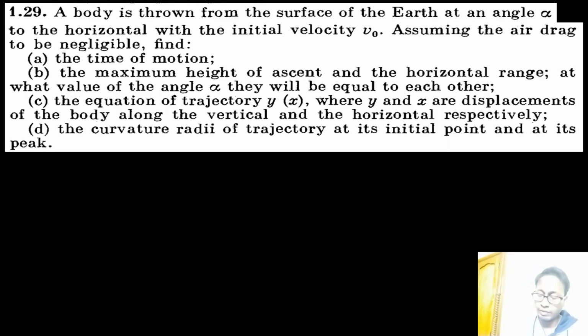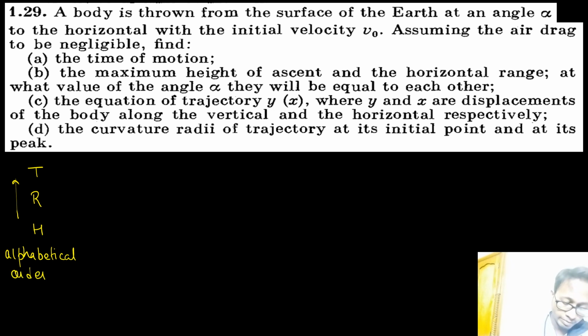Acha, you all remember the formulas for projectiles? The formula for time of flight, range and height. We'll derive all of those in this question. What is the formula for time of flight? See, one easier way to remember is T R H. This is alphabetical order, that means A B C D E F G H I J K L M N O P Q R S T. So I'm going in alphabetical order from the bottom to top.